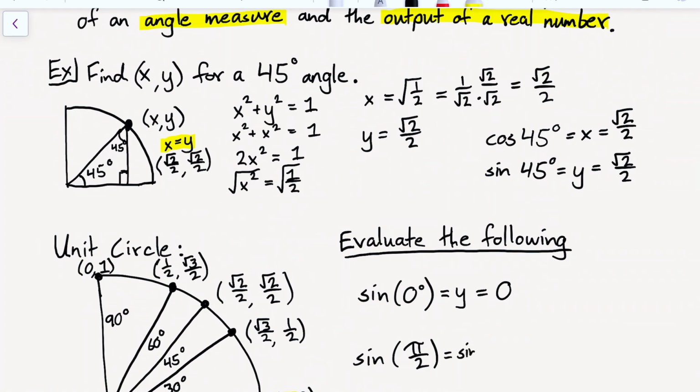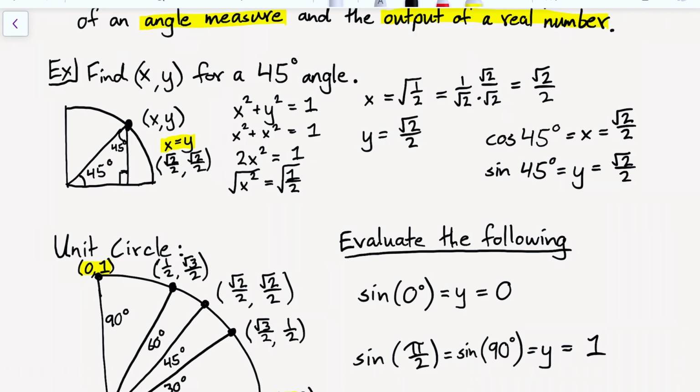Pi over 2 radians is the same as 90 degrees. If you're more comfortable with converting to degree measure, you can make that conversion first. Sine of 90 degrees, again, is the y value of the point at 90 degrees, and the y value of that point is equal to 1. So sine of pi over 2 equals 1.